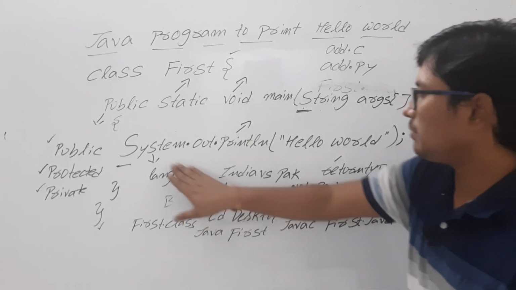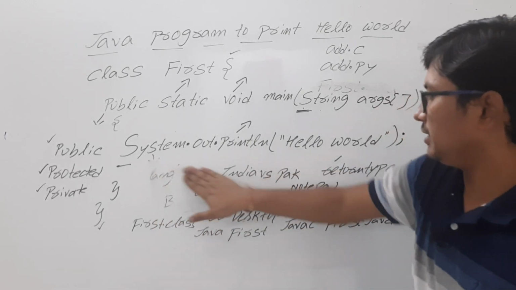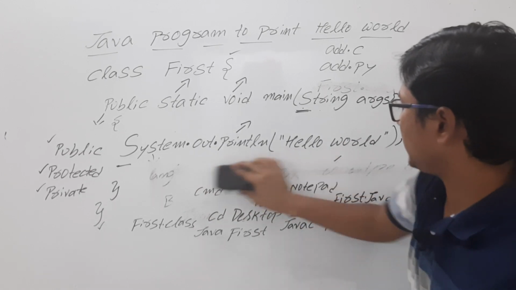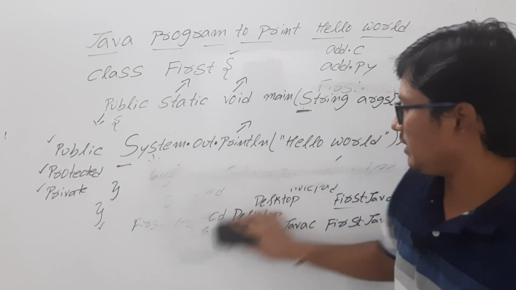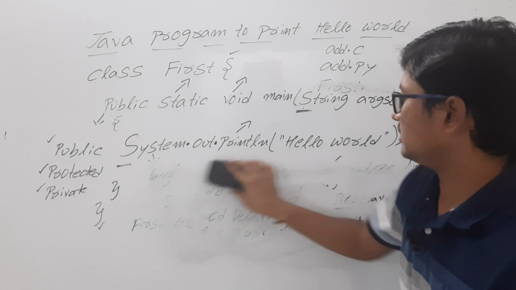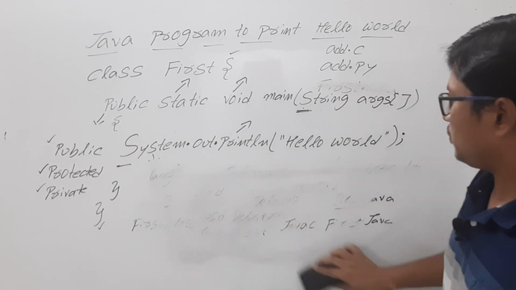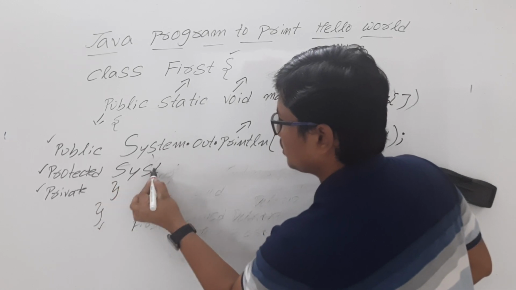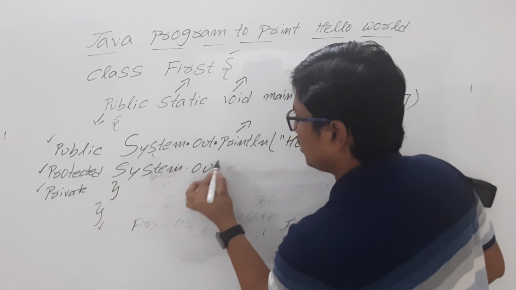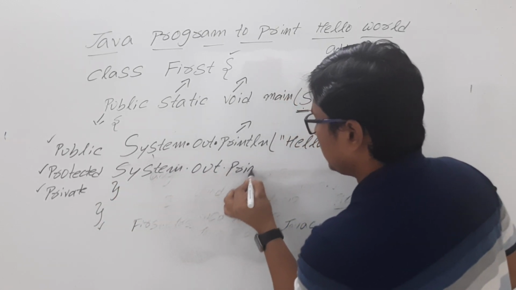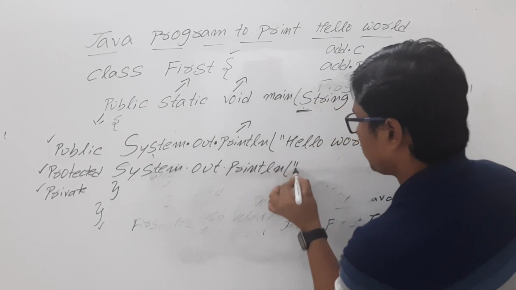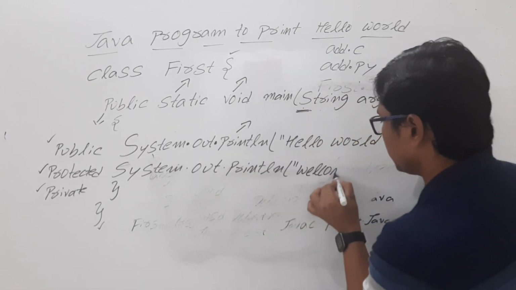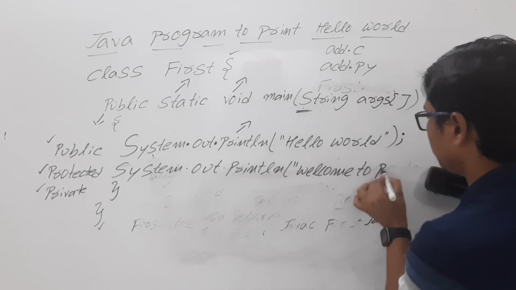Now let me extend this program a little bit. Let me erase all these things so that I can extend this program for better understanding. Suppose I have written one more statement, System.out.println, welcome to Parnika Tutorials, or let me write it as welcome to PT.